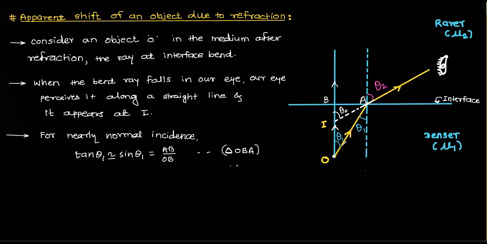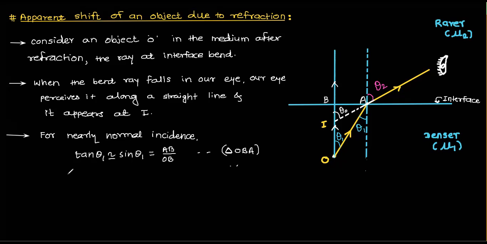Because this AO is nearly equal to OB, because here already I have equated tan theta 1 is nearly equal to sin theta 1. So you have to take the sin tan theta ratio. That's why I got AB by OB. Because the condition is what? Nearly normal incidence. So we have to treat these rays as nearly normal. That's why this OB and AO we are taking as nearly similar or same, we can say.